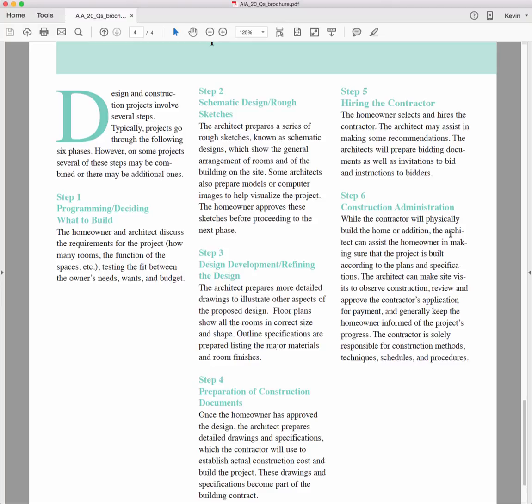Step 4 here is preparation of the construction documents, and in the building trade, the architect tends to hand off the designs to engineers who actually do the technical drawings. So there's usually an electrical plan, and then there's a plumbing plan, and then there's an HVAC plan, and there's all these kinds of things.